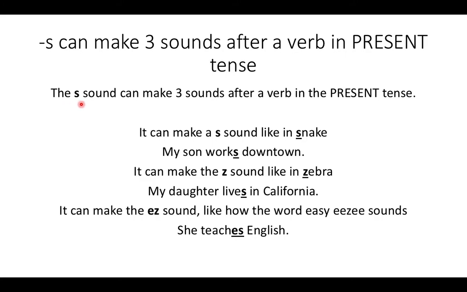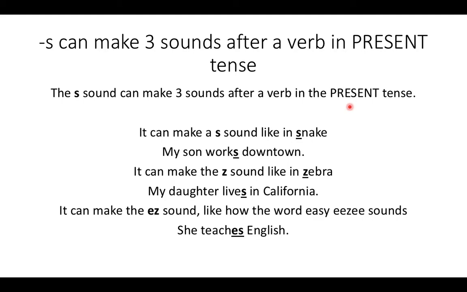So the S sound can make 3 different sounds after a verb when it's in the present tense. This just means when you have a verb like walk, or speak, or say, an action word.